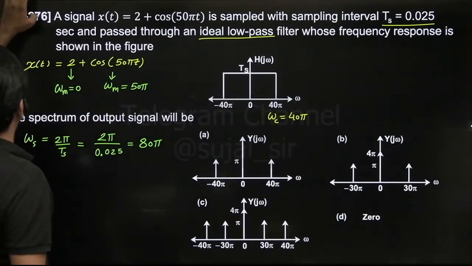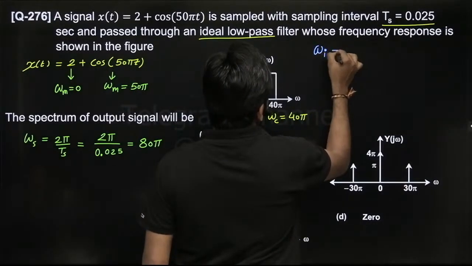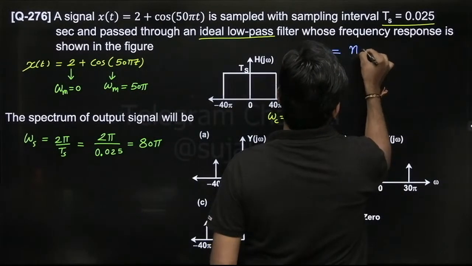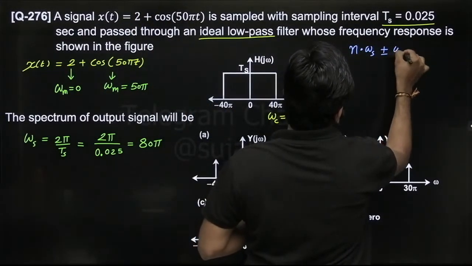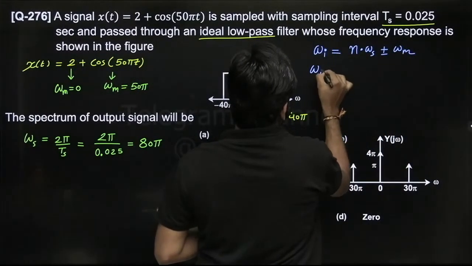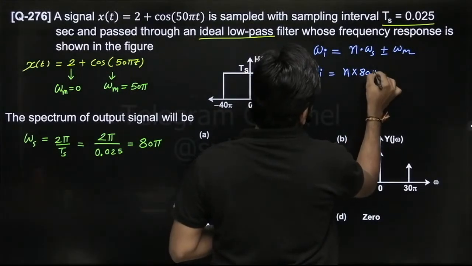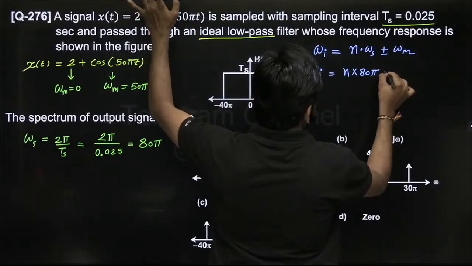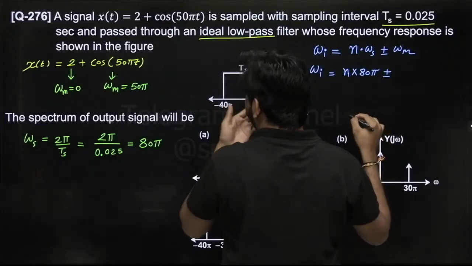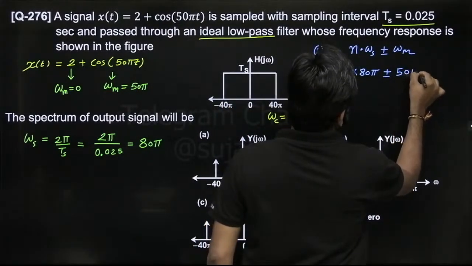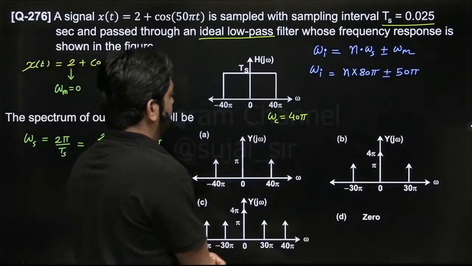So what is the input frequency of the low pass filter? As I told you, it is n omega s plus or minus omega m. So here it is n into 80 pi plus or minus omega m, which is 50 pi, and the DC component also.